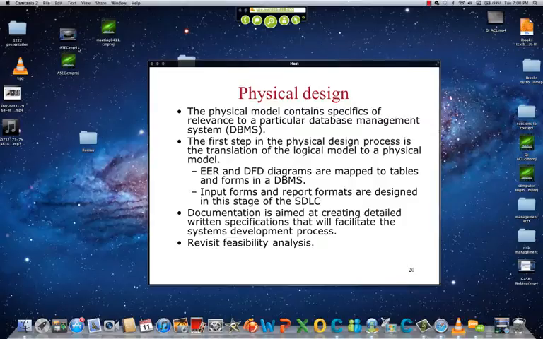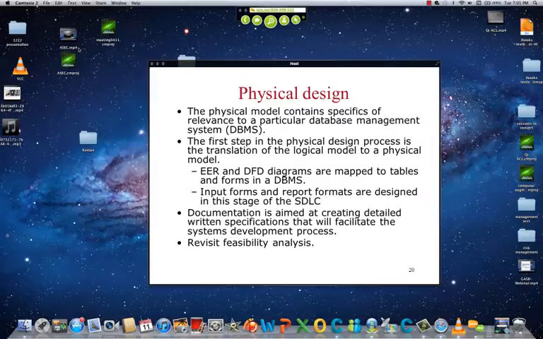So in this physical design, the idea is that you build these prototypes, still prototypes of tables, of forms, of queries, and so on. Okay. You don't implement them. You just think of a design. So you write them on a paper, for example. This is what you will do in your project stage number 2. And then you will actually implement this in Microsoft Access. Okay? So this is the implementation stage, which we will discuss in a moment.